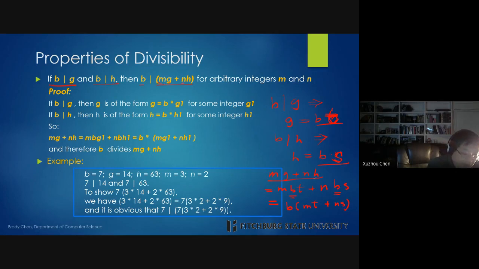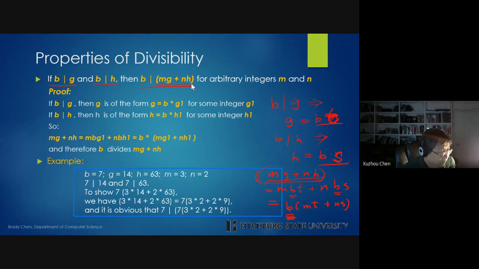So what does that mean? That means MG plus NH has a factor or divisor B, right? B is a factor of this, so B divides this number, because B is a factor of this number.